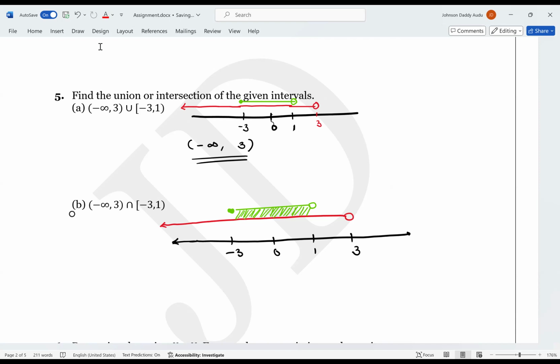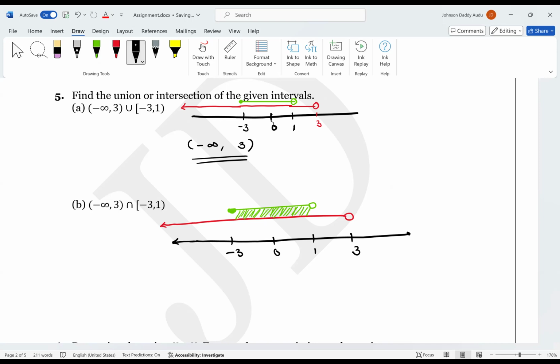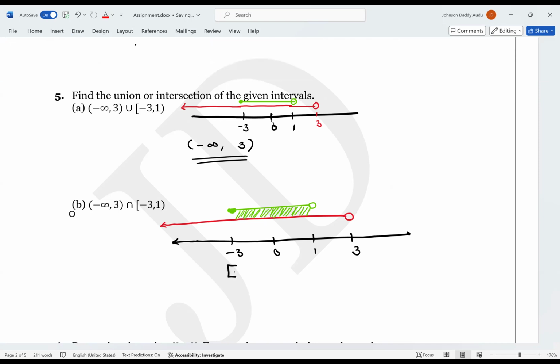So in this case, we're going to take just what is common, where the red line and the green line meet or intersect. So you can see that for the green one, minus 3 is closed. Also, when you go to the red portion here, this is the thick line. So it means it is also closed. So it means we can begin our intersection from where? From minus 3 closed.